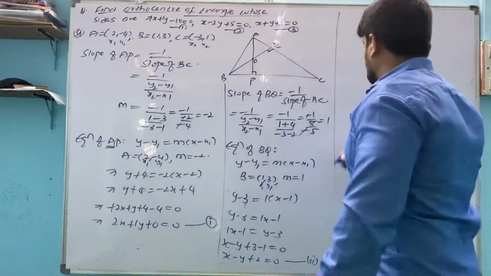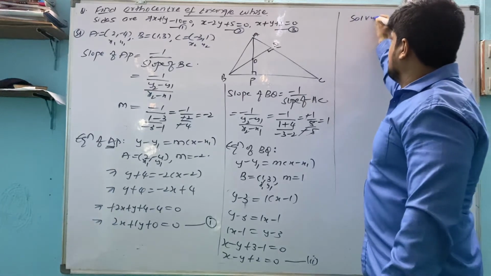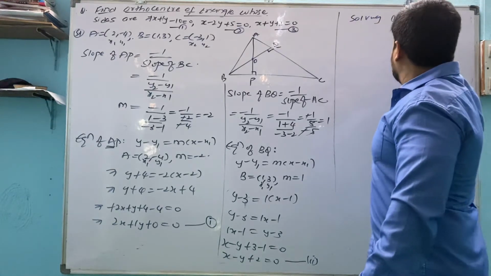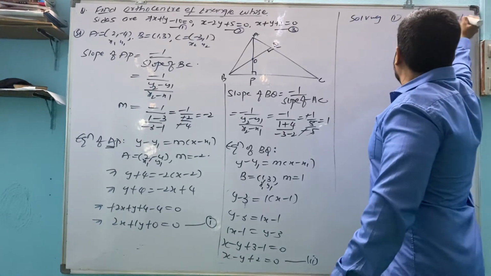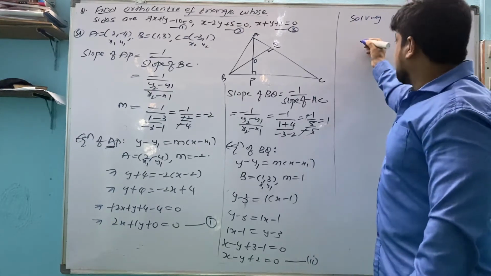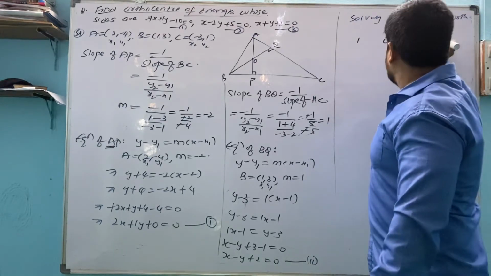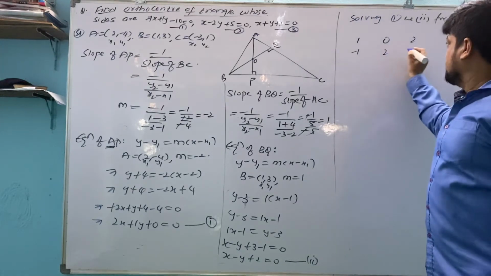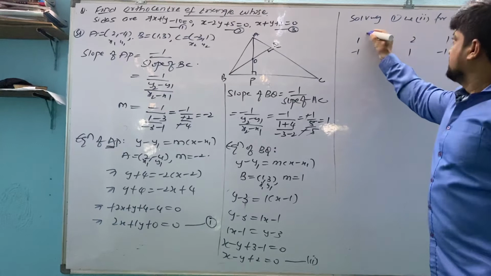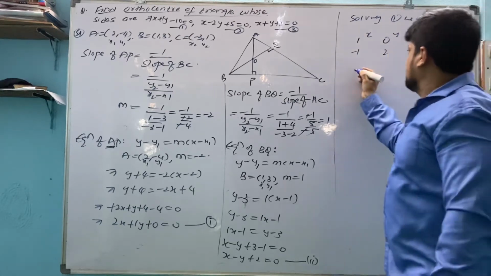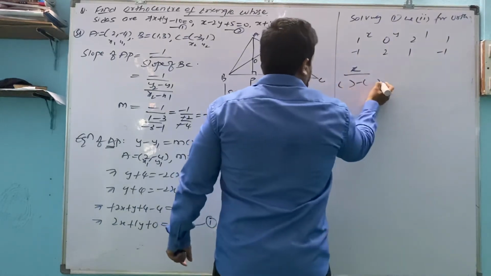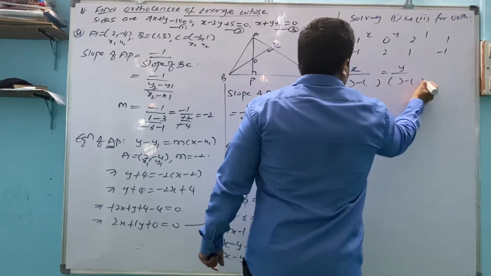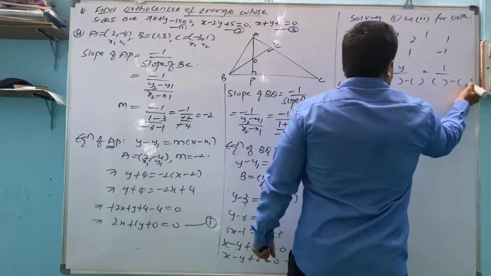So now we solve equations 1 and 2 for the orthocenter. Using cross multiplication: second term, third term, first term, second term. x, y, 1. x divided by AD minus BC, y divided by AD minus BC, and 1 divided by AD minus BC.